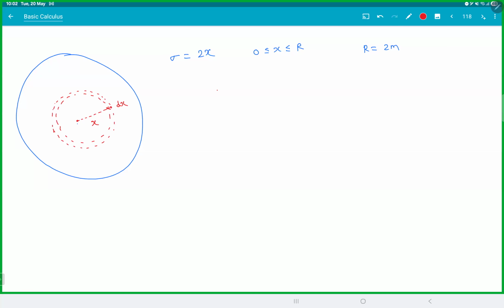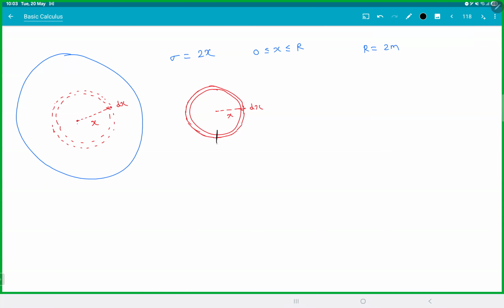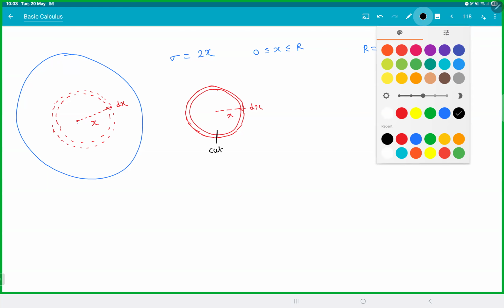Now this element is so thin. Now can I use the concept that sigma is almost constant for this thin slice? That is the whole story of integration. Dx is so small. We can assume the density is almost constant for this. Cut it here. Open this.